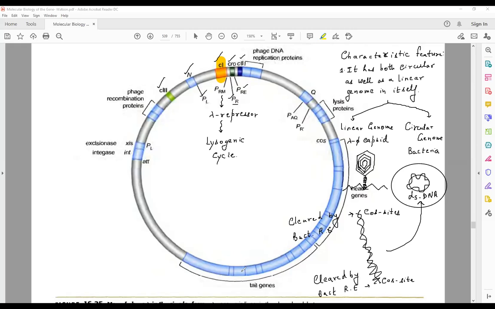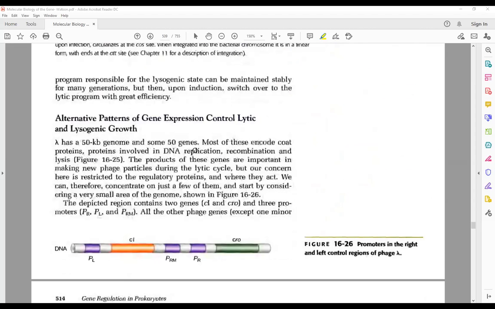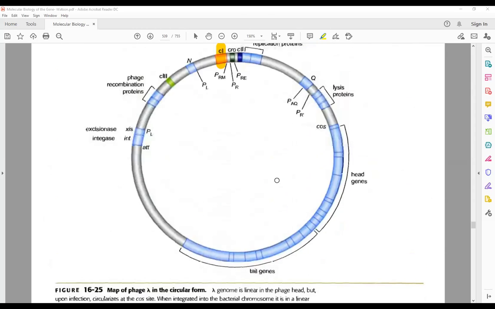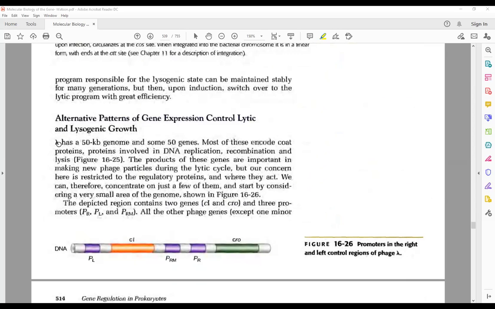Now, moving forward, just clearing all the drawings. In order to understand the entire mechanism of action of this lambda phage, we must concentrate on a segment of the genome. Lambda phage has 50 kilobase pairs of genome with approximately 50 genes.